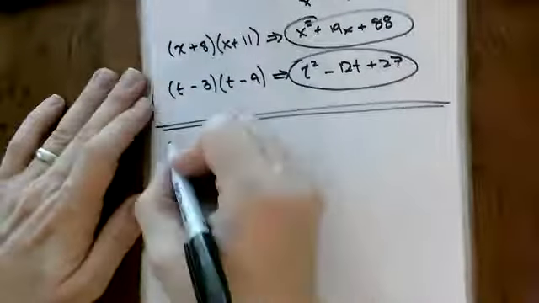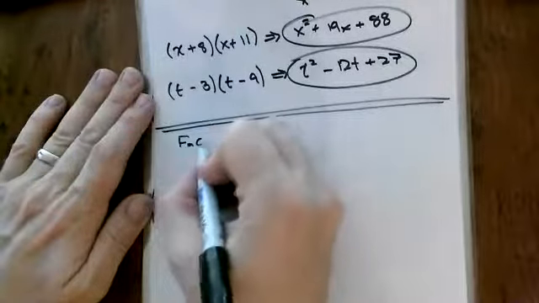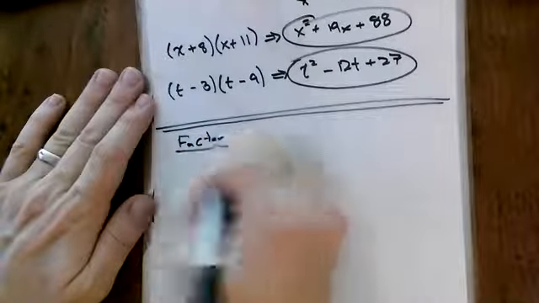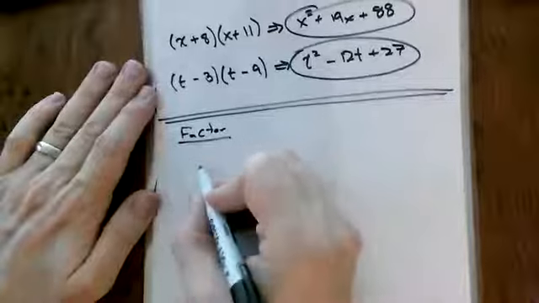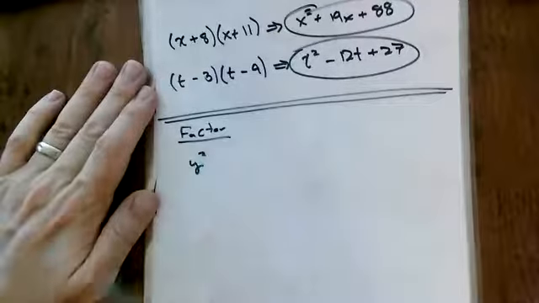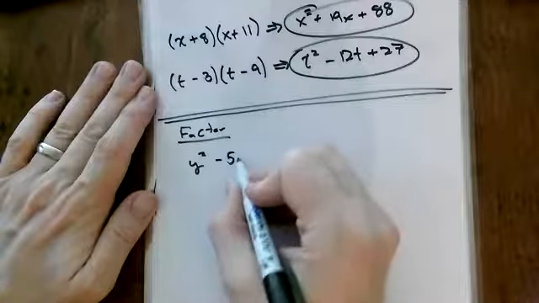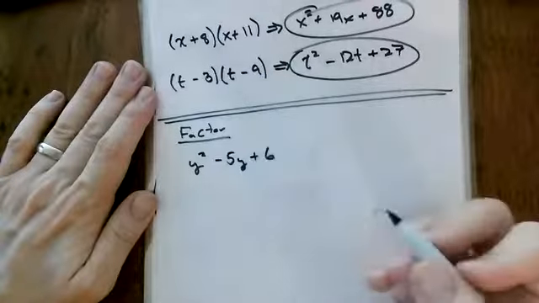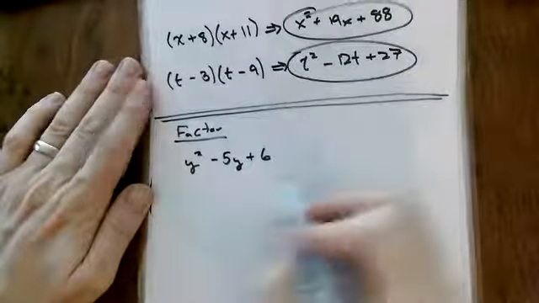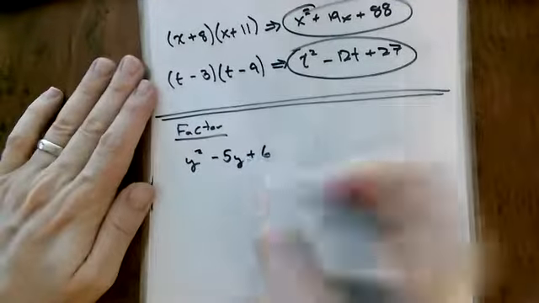So let's go back to factoring. And I'm going to factor y squared minus 5y plus 6. Okay, this seems like it would be pretty straightforward. Yeah, I've got a positive 6 here.